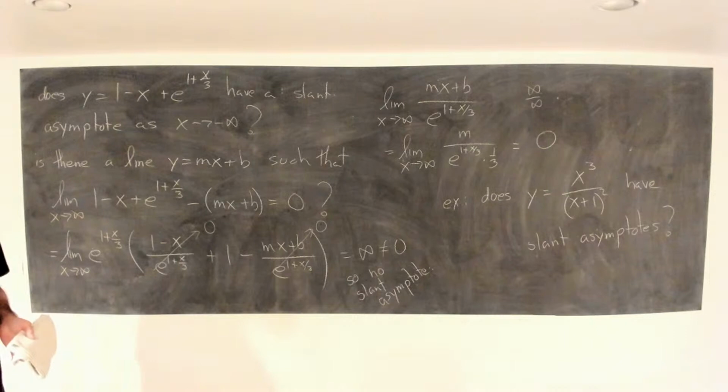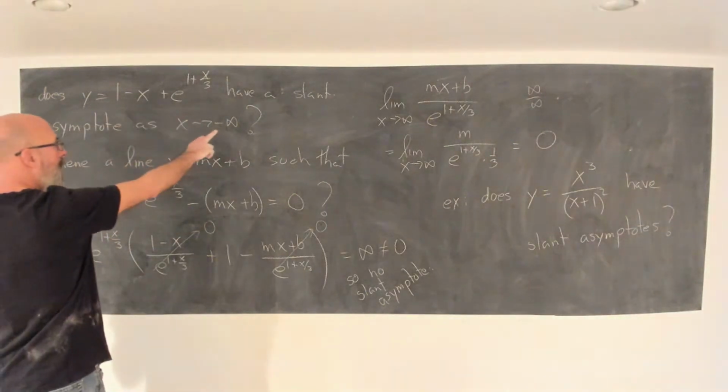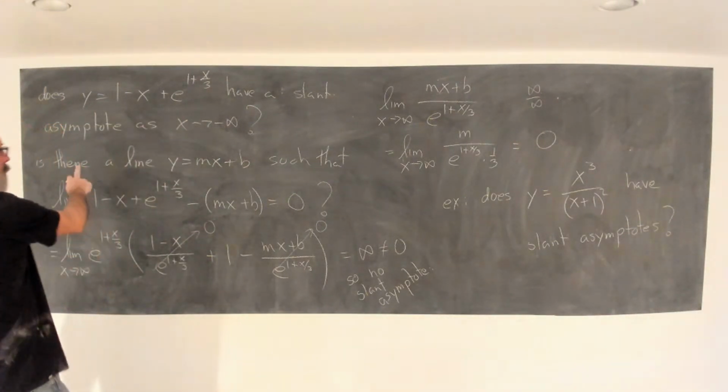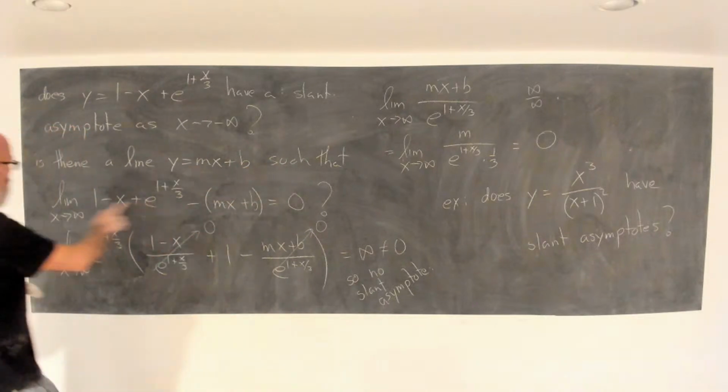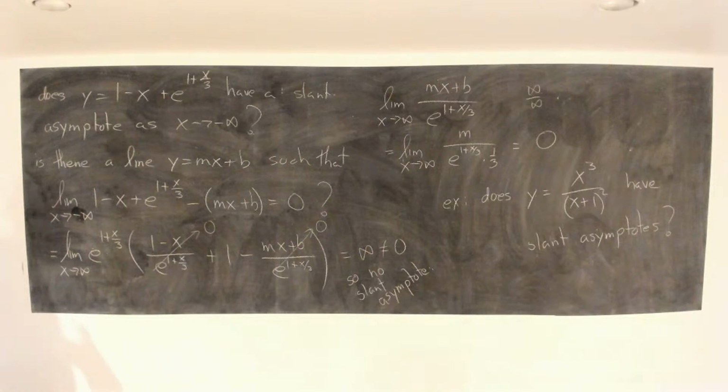You can answer the question as x goes to negative infinity in exactly the same way. This is the question now, as x goes to negative infinity. So is there a line such that this is equal to 0? That's the question.